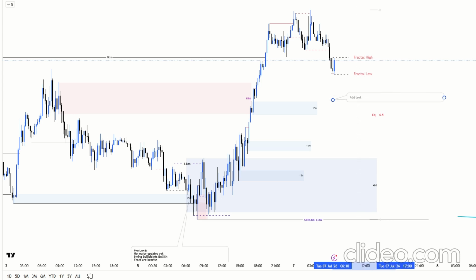pre-London. Swing bullish, internals bearish, shorts will be phase C, longs will be phase D, phase B, but low probability because of the pricing.